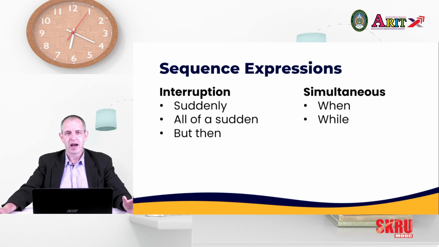We also have expressions to show that two actions are at the same time. We use when and while, often with past continuous. When I was living in Korea, she was living in Thailand. Or while I was working on the report, she was watching a video. So we use these to show that two actions are done at the same time.